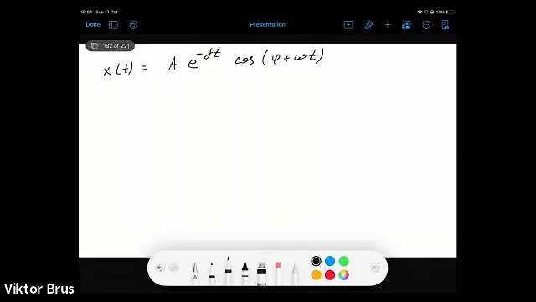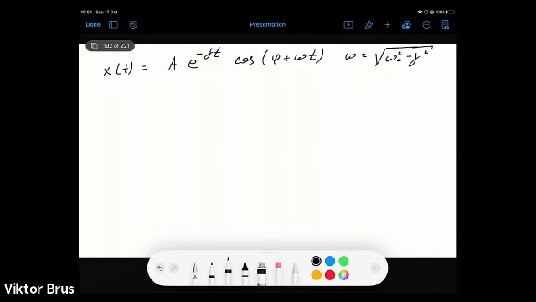That stands for omega is equal to square root of omega naught, the intrinsic angular frequency of the spring block system, squared minus gamma squared.